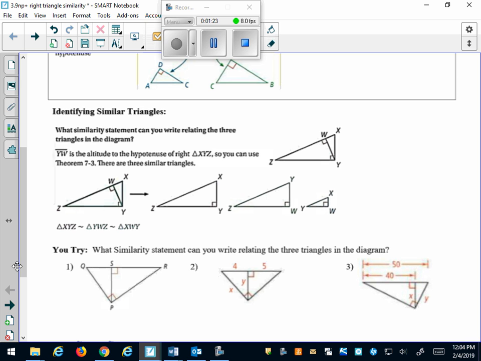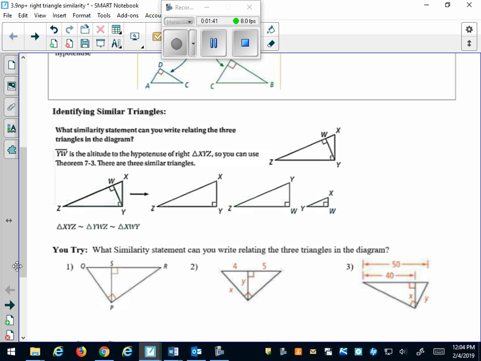Okay, now there are 2 ways to really think about this problem. The first way is thinking about the 3 separate similar triangles.